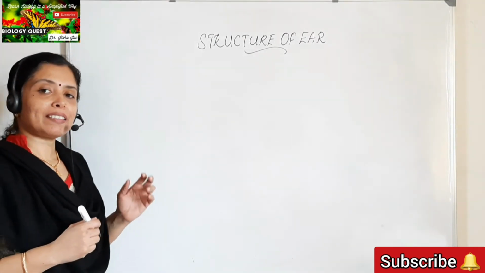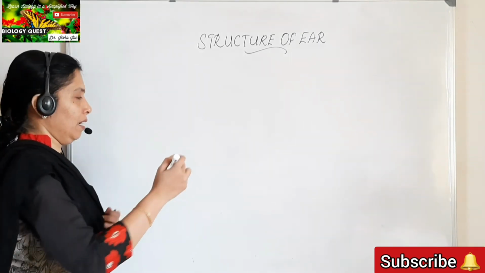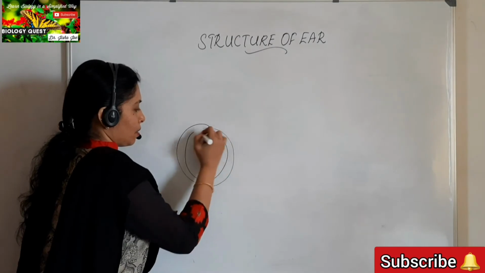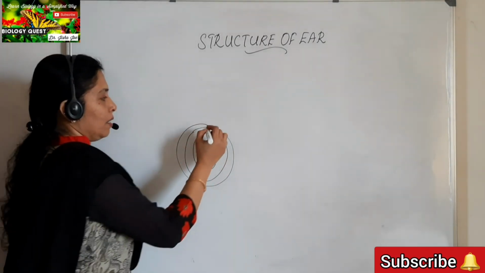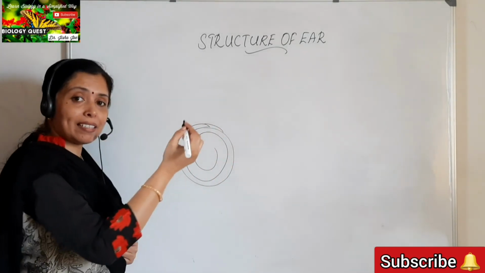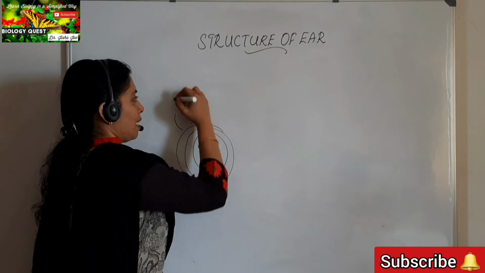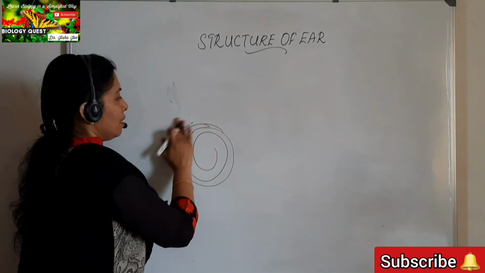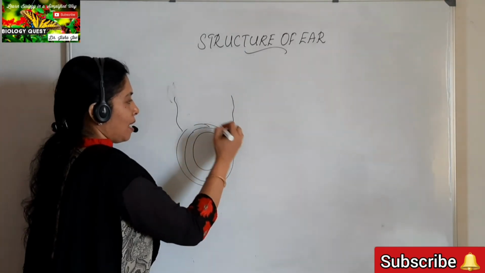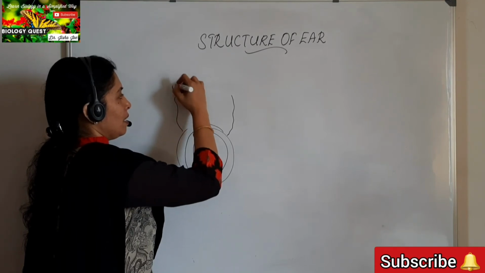Now, if you look at the cochlea and the semicircular canal from a different angle, suppose that is the cochlea there. We have seen the semicircular canal is attached to the cochlea. At the region where the semicircular canal is attached to the cochlea, there is a stem-like region, a stem joining the semicircular canal with the cochlea.